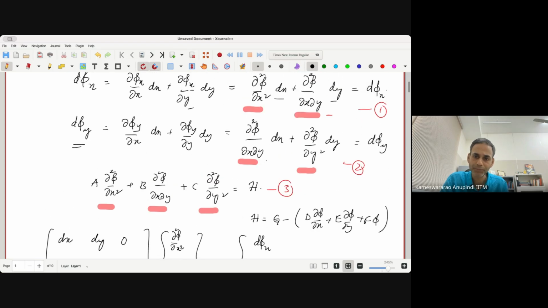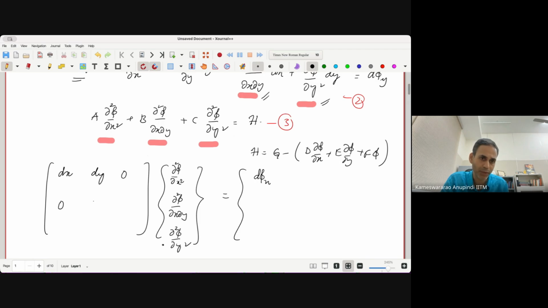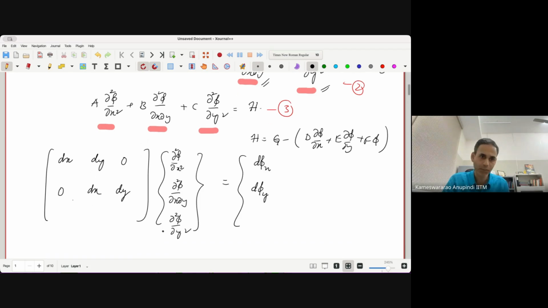Similarly, I have this mixed term with dx, second derivative with respect to y, dy. There is no ∂²φ/∂x² term, so we have dx dy equals dφy. Similarly, for the third equation, we have a times ∂²φ/∂x², b times ∂²φ/∂x∂y, c times ∂²φ/∂y² equals, on the right hand side, h. So this is essentially the same equation in matrix form.